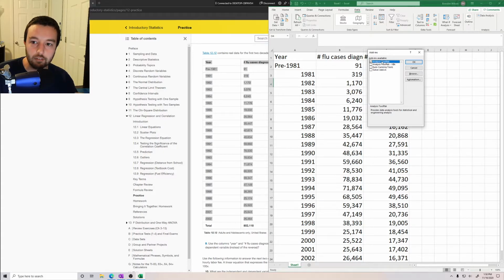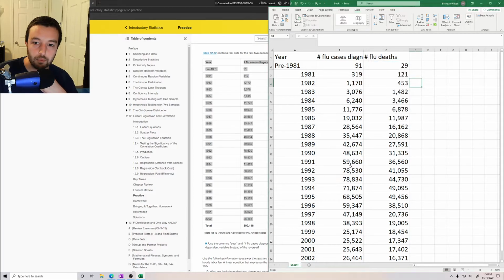It's just not available by default. So you just want to click that, then press OK. Unfortunately for Google Sheets, I'm not really sure if there is a tool like this. I'd be surprised if there wasn't, but I'll show you how to do it with the formulas either way. We're really just looking for the R and R squared here, so you can do that pretty easily with the formulas.